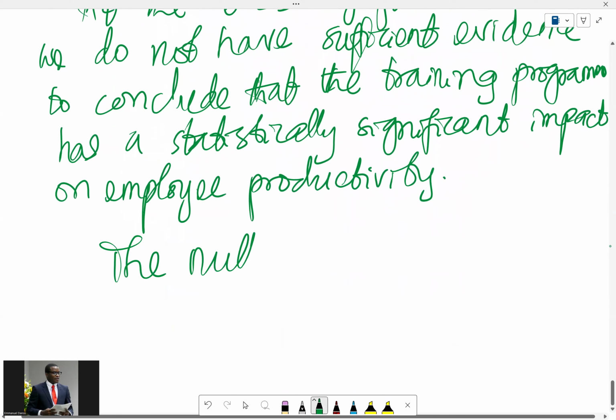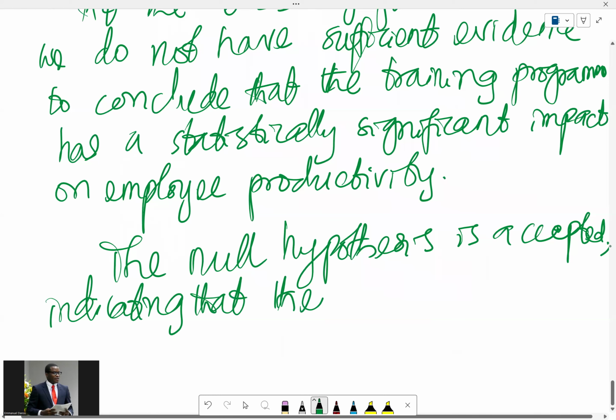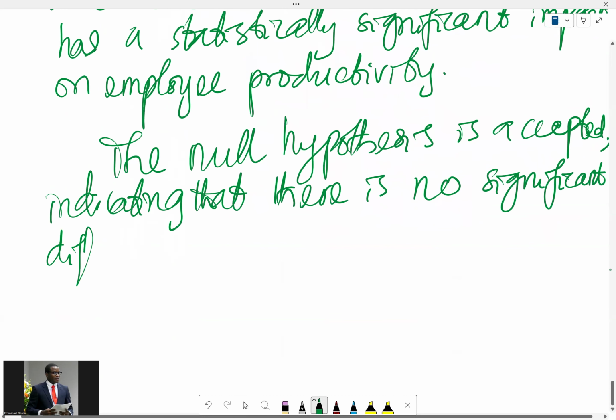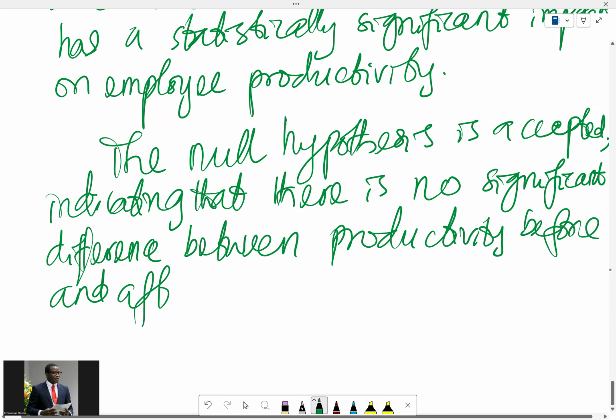So the null hypothesis is accepted, indicating that there is no significant difference between productivity before and after the training.